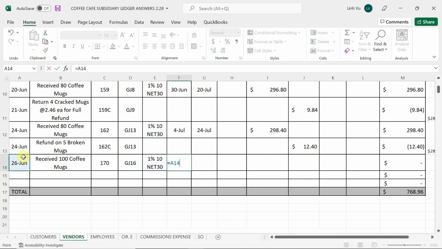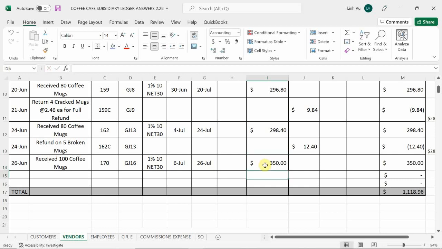So that means in 10 days from now, it should be due July 6th. But of course, if not, 30 days from now, it's going to be July 26th. And how much do I owe? $350 is what I owe.